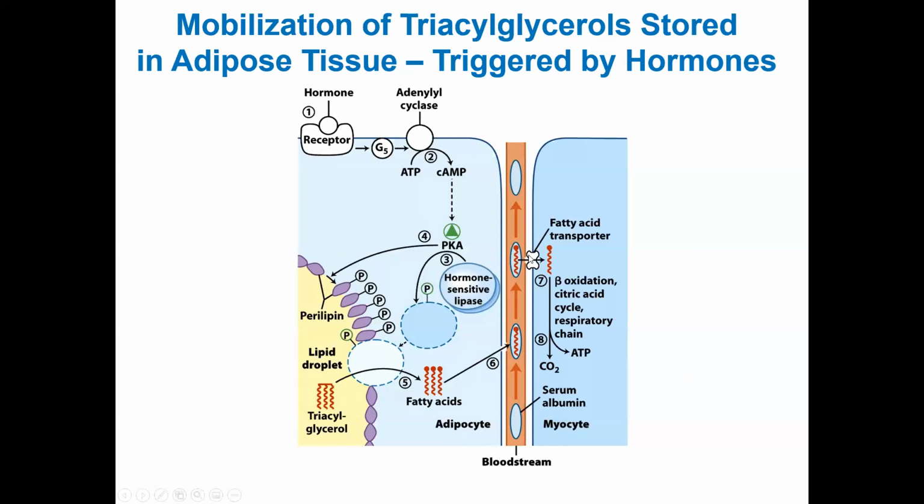Could it be myocytes here? Yes. In myocytes, there will be a specific fatty acid transporter that will try to bring fatty acid in. Once fatty acid is in the myocytes, it gets activated using coenzyme A in the cytosol, and then it is brought into the mitochondria for beta oxidation, the citric acid cycle and the respiratory chain.